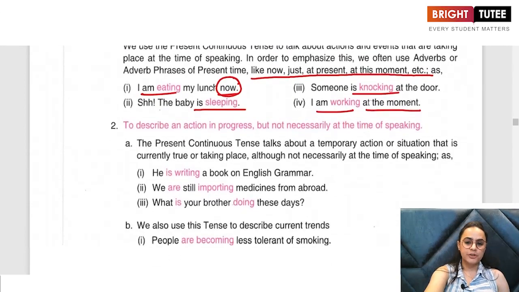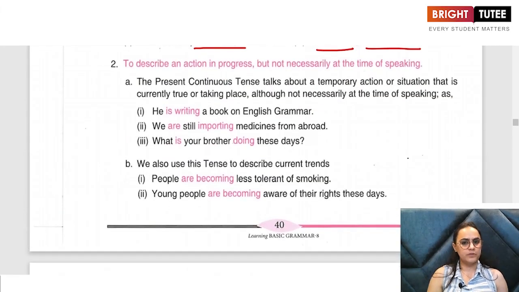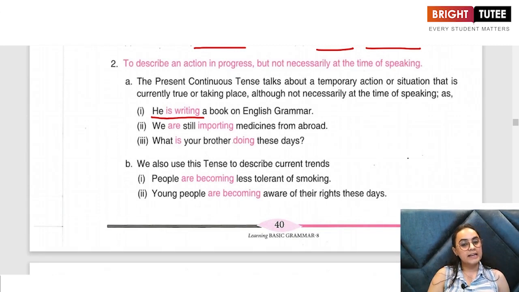The second usage of the present continuous tense is to describe an action which is in progress, but it is not necessary that that action is taking place at the time of speaking. For example, he is writing a book in grammar. Now this is something which is taking place.